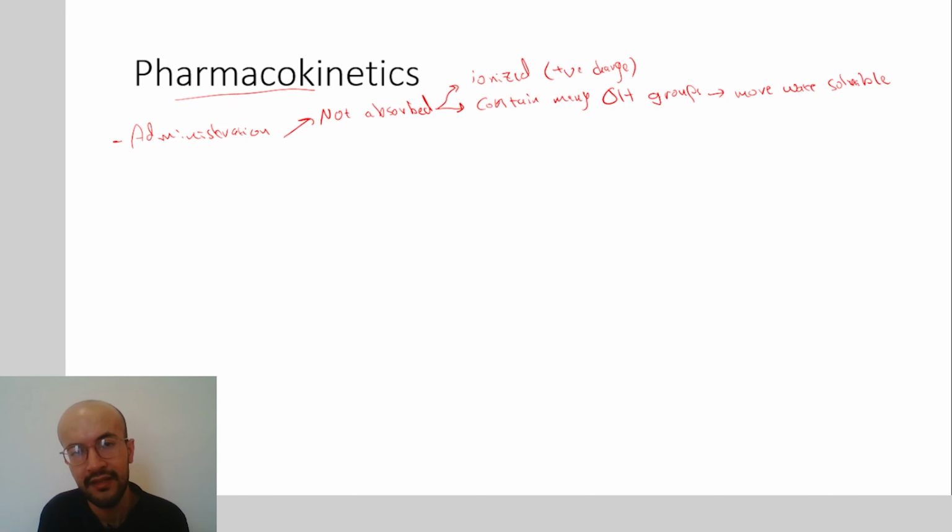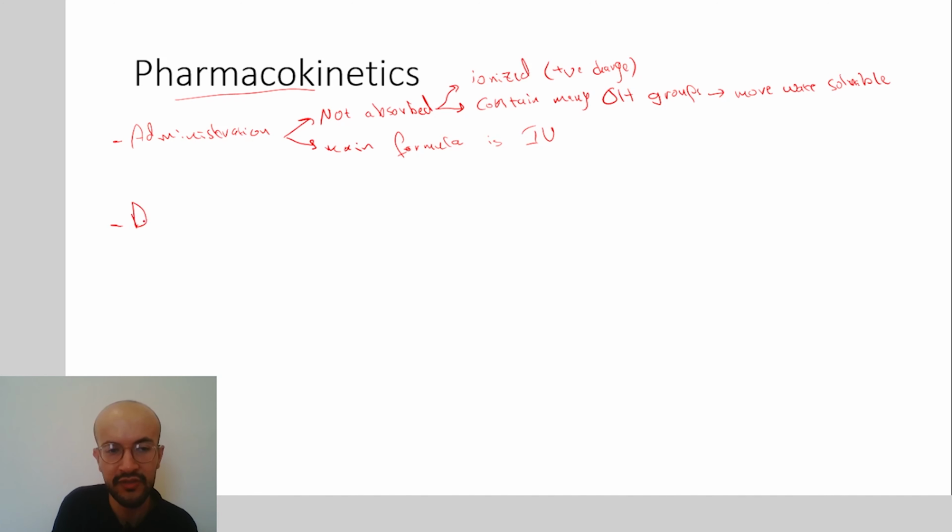If the molecule is more water soluble than lipid soluble, it would be less absorbed. So those are the 2 reasons why they are not absorbed orally, and the main formula is intravenous.